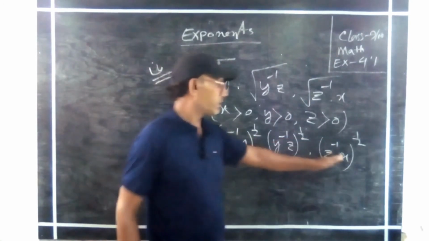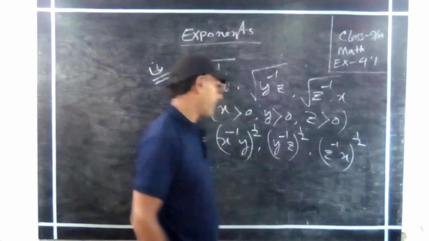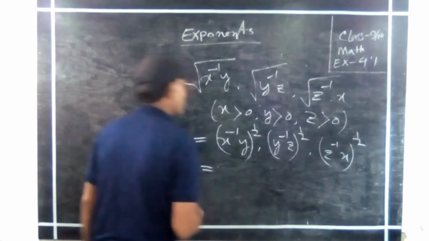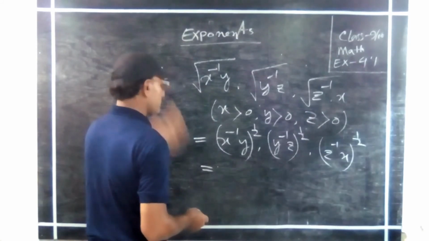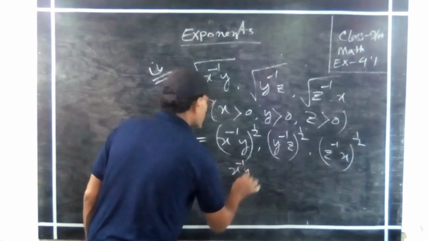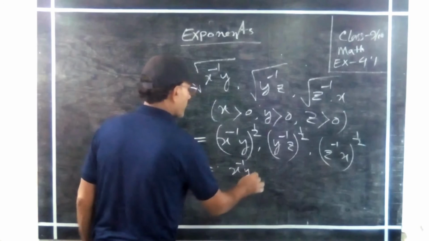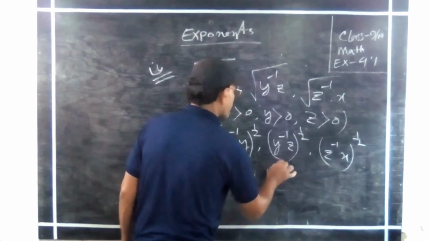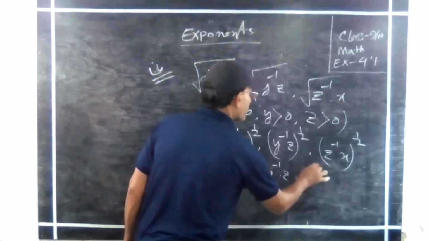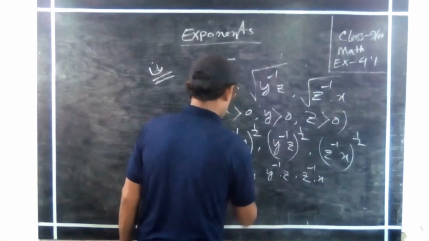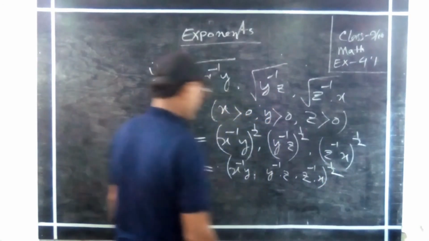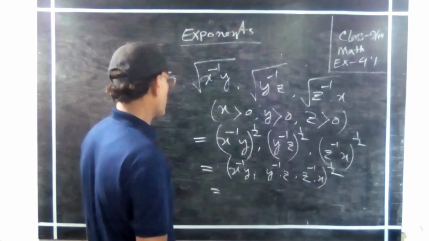The three parts have power half. So we can write, closing the three parts, x to the power minus 1 into y, into y to the power minus 1 into z, into z to the power minus 1 into x, whole to the power half.